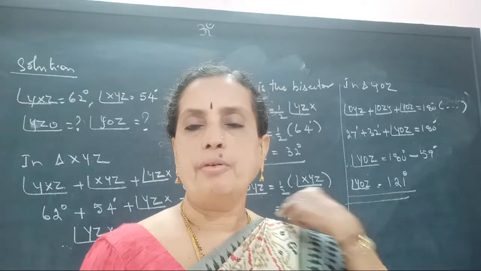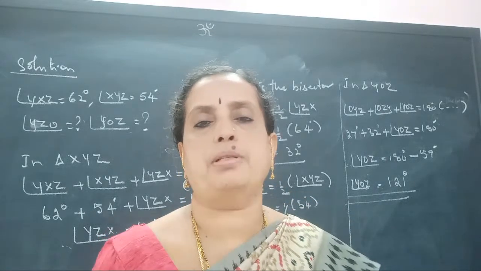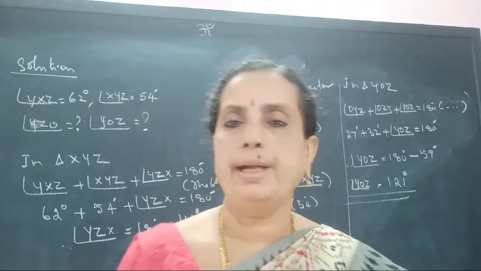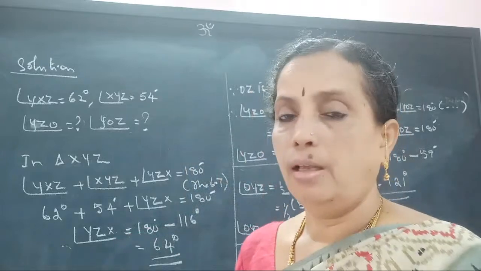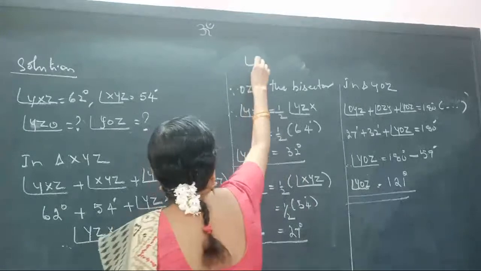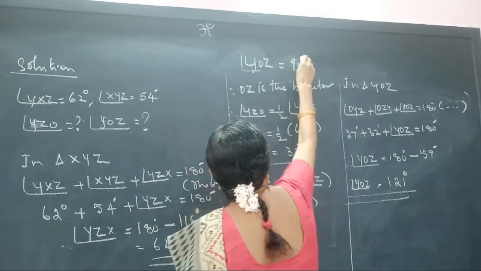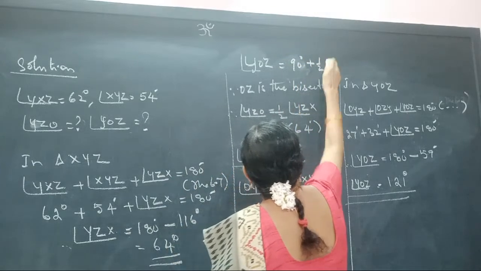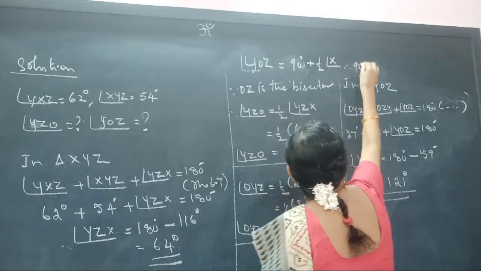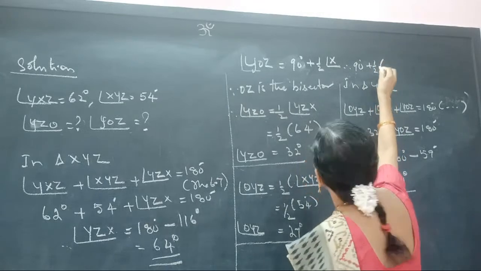Yes. So when it is for 3 marks or 2 marks, you have to show all the steps. Suppose if it is an MCQ question, how can we get angle YOZ? Yesterday only I taught that is a relation: angle YOZ equals 90 degree plus half of angle X. That is 90 degree plus half of 62 degree.